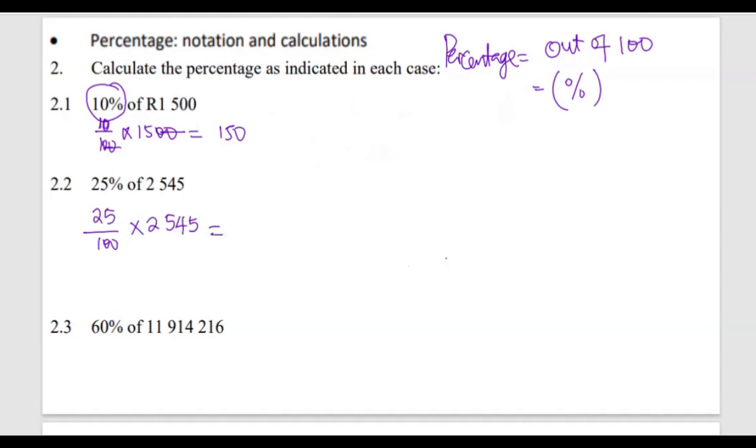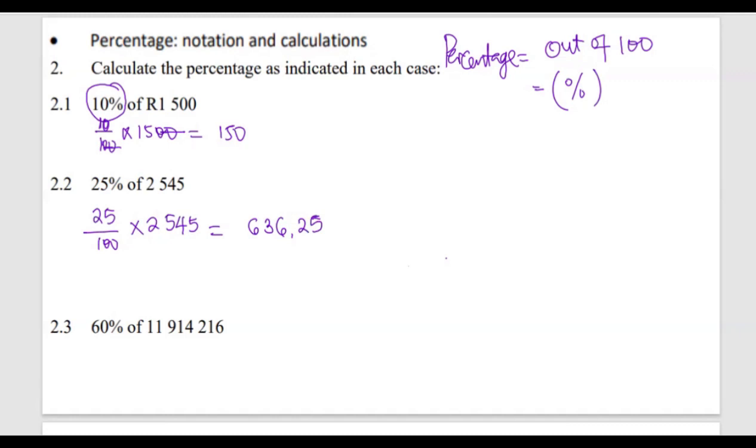What answer will it be? 25 divided by 100 times 2,545. So here the answer becomes 636.25. That's the answer there.